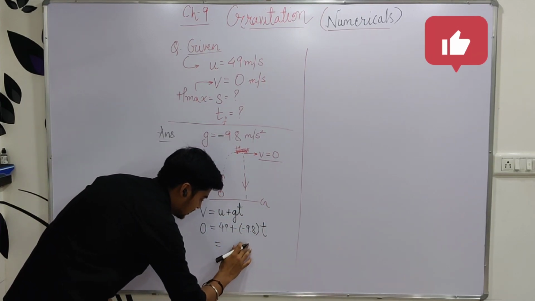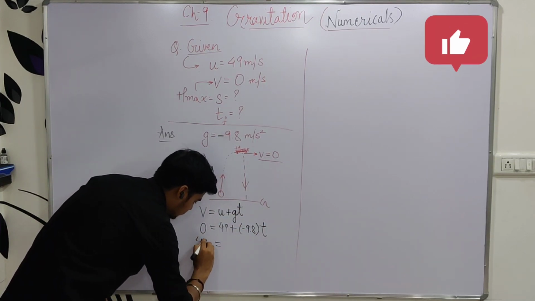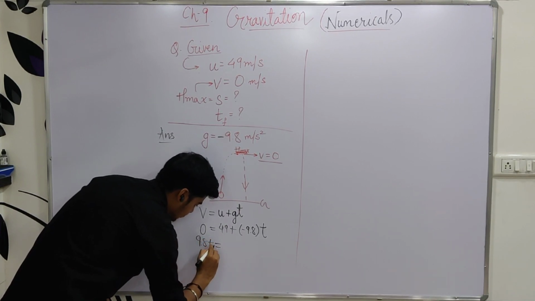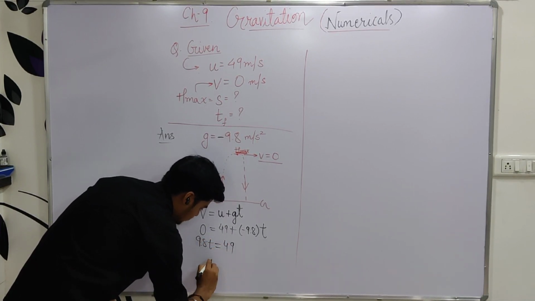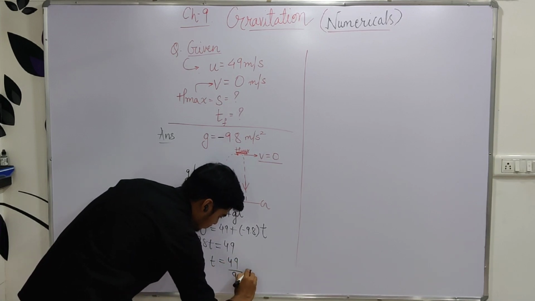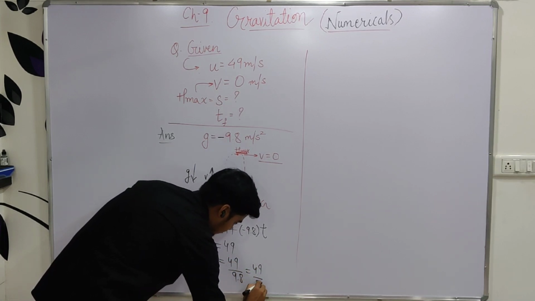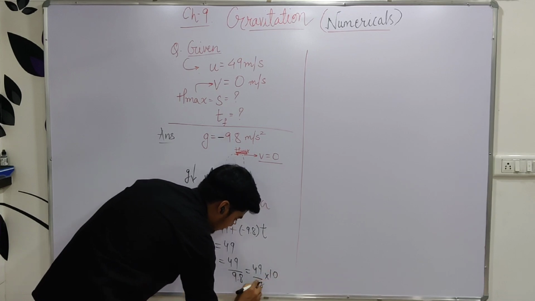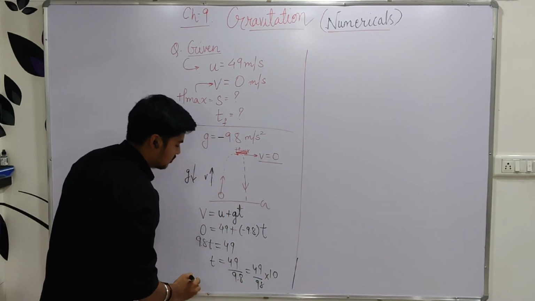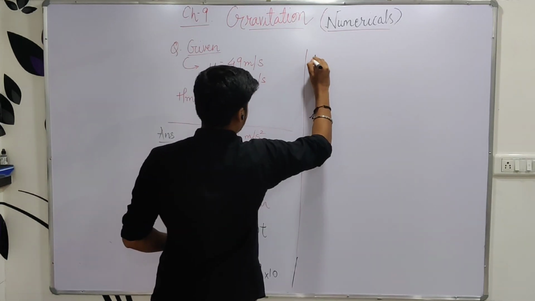This minus 9.8 t, when it comes to this side, 9.8 t will be positive. So t is equal to 49 divided by 9.8, or 49 divided by 98 into 10. 9.8 by 10, the 10 will go into the numerator.